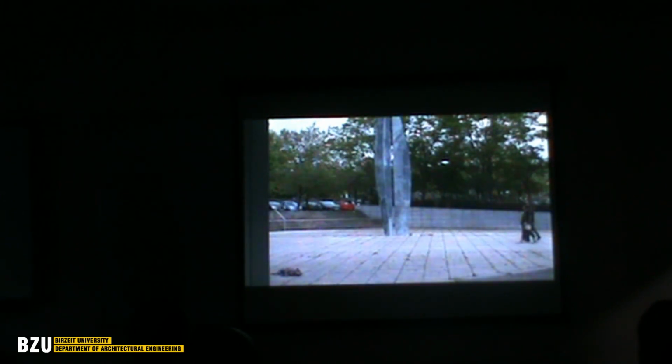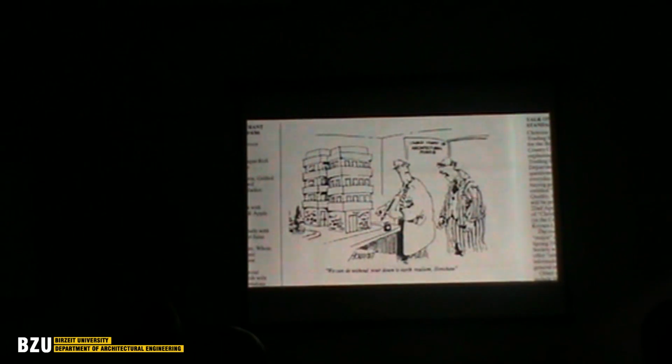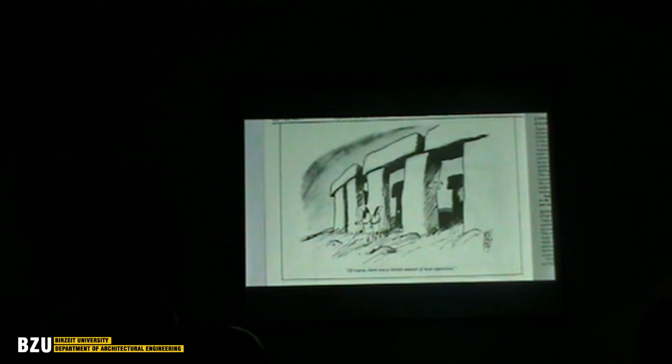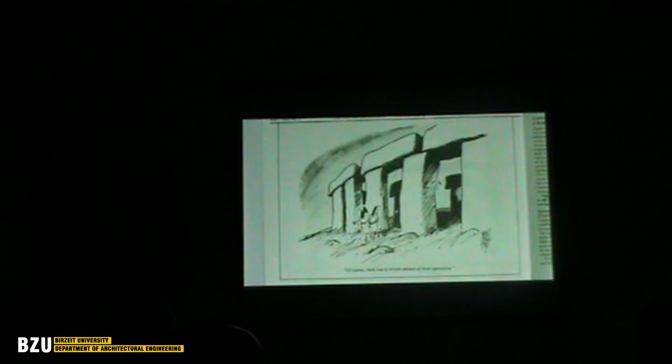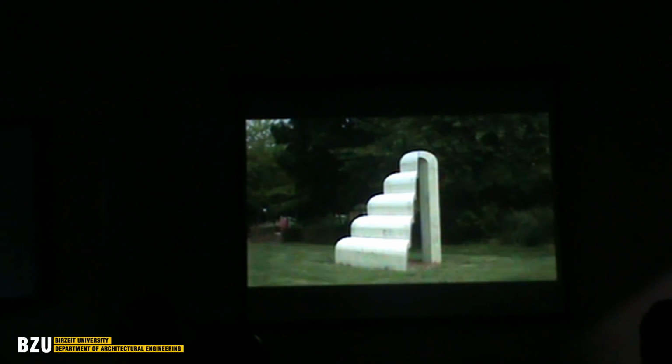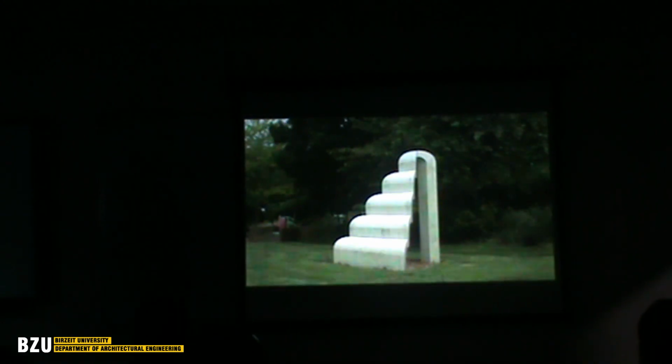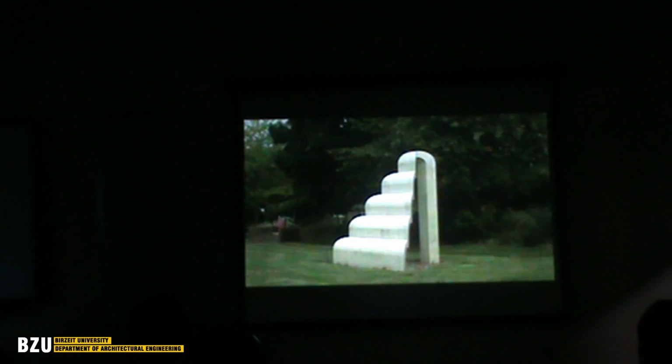The dog is just asleep. I hope so. Don't worry. Note the grey, depressing weather.